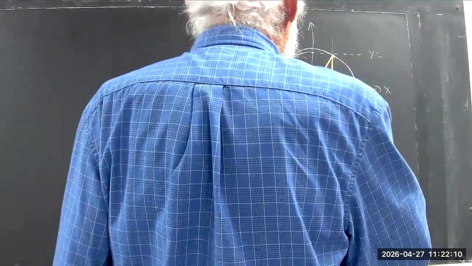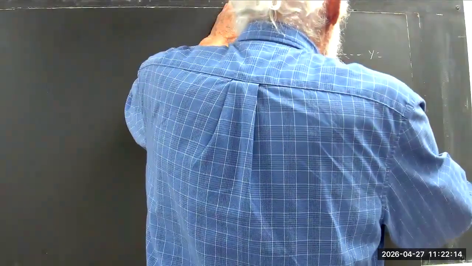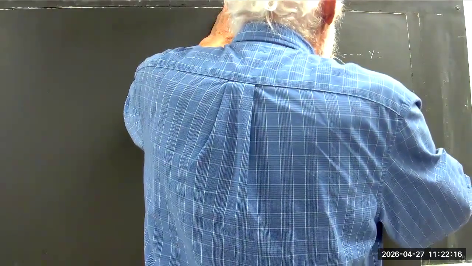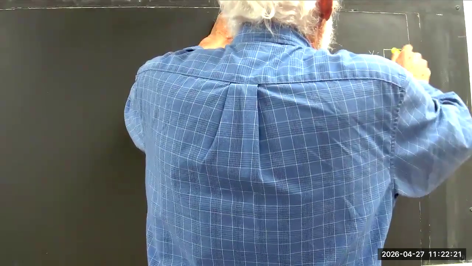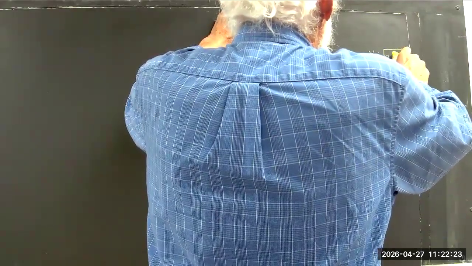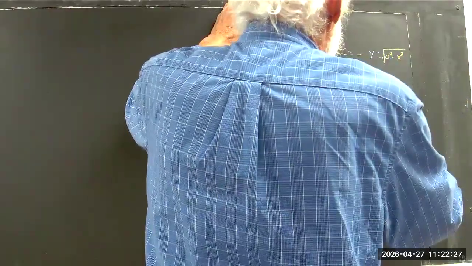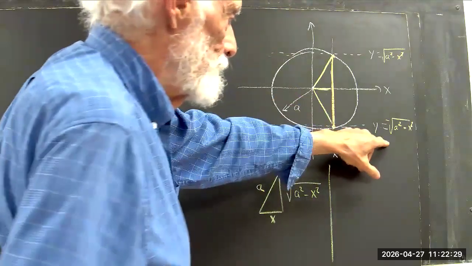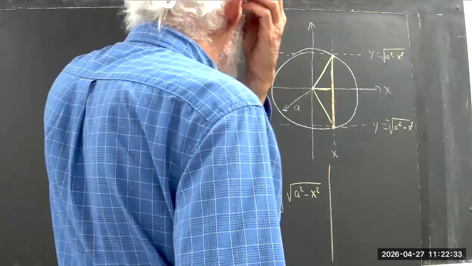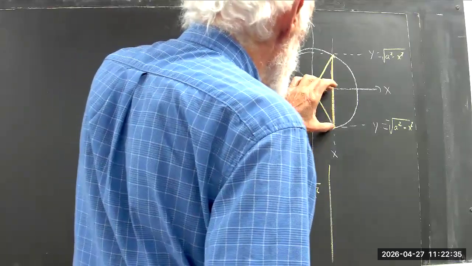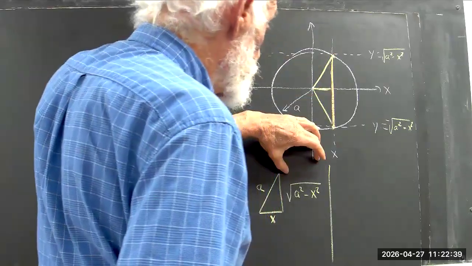We can say that, well, here y equals the square root of a squared minus x squared. Here y equals the square root of a squared minus x squared. But here it's, of course, negative. Okay, so how far is it from here to here? Well, to get from here to here, you got to go this far. To get from here to here, you got to go this far.